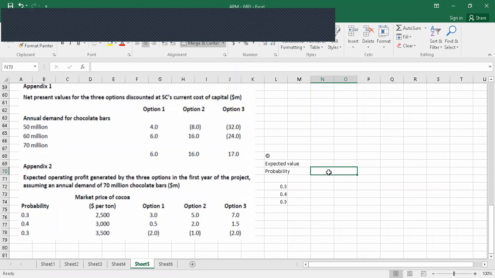Then option 1. Let's have the values given, because these are all operating profits. We need to find out the expected operating profit. I'm just writing it as operating profit.